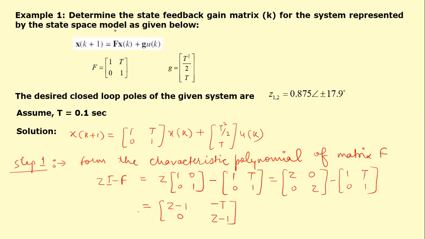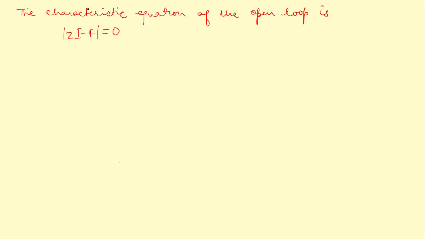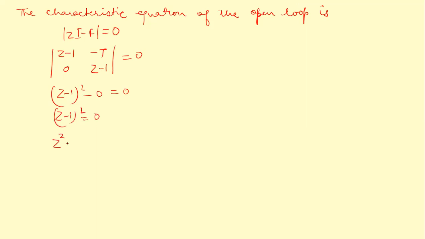So this is actually an open loop characteristic polynomial. So determinant of zI minus F equal to 0 means (z-1)(z-1) minus (-T)(0) is equal to 0. So this will give me (z-1)² minus 0 is equal to 0. So (z-1)² is equal to 0. So we get z² minus 2z plus 1 is equal to 0.